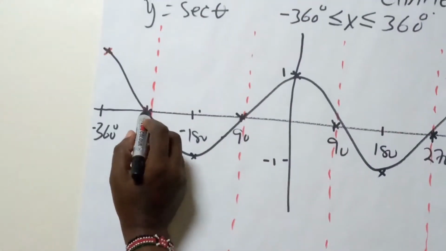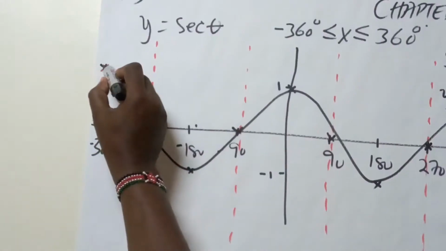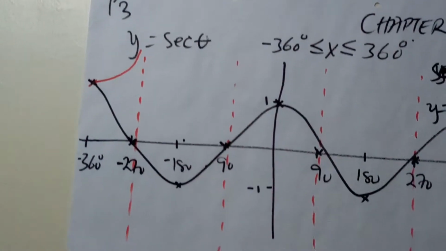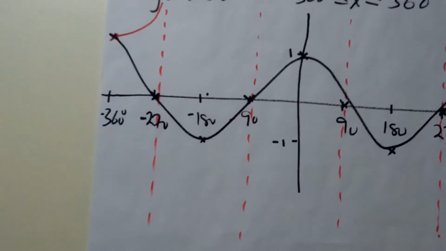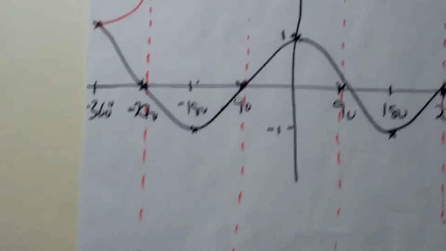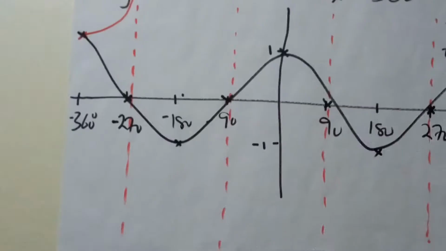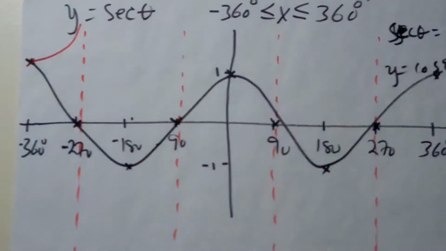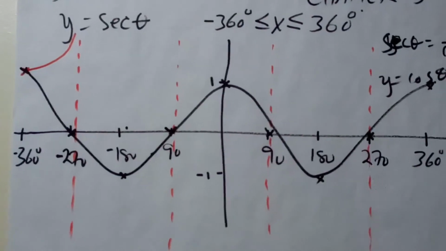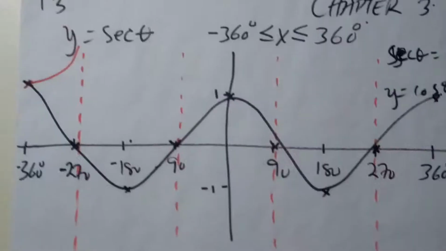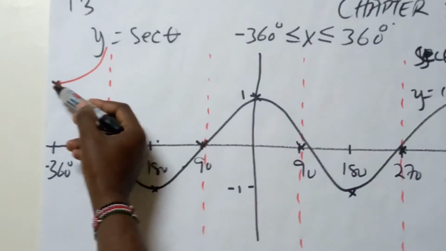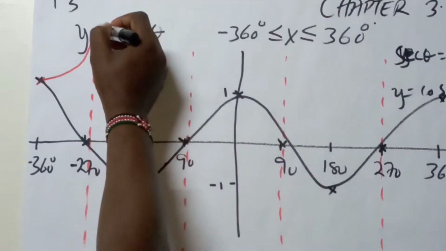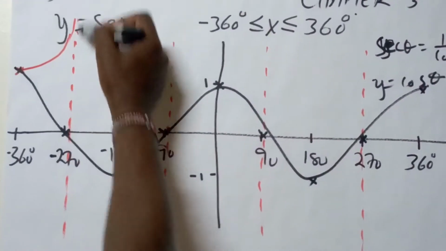So 1 over a very small positive number is going to be a very big positive number. So this is our graph moving forward, and this is an asymptote. Of course, 1 over 0 is undefined, so this graph will never touch this line.